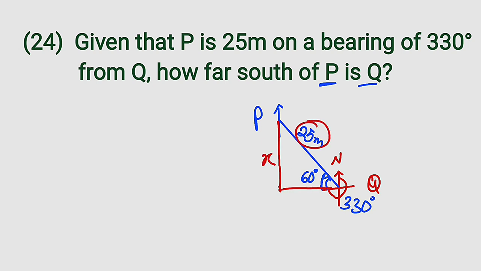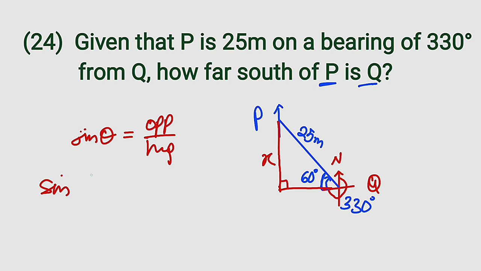So you can see we have the hypotenuse, we have the opposite side, and we have an angle of 60 degrees. This is a right angle. And according to the sine ratio, remember that sine of theta is equal to opposite divided by the hypotenuse.